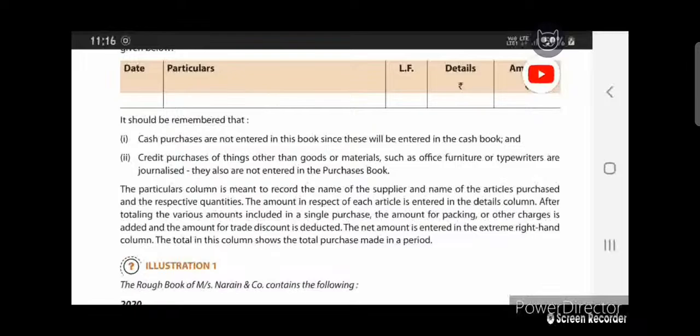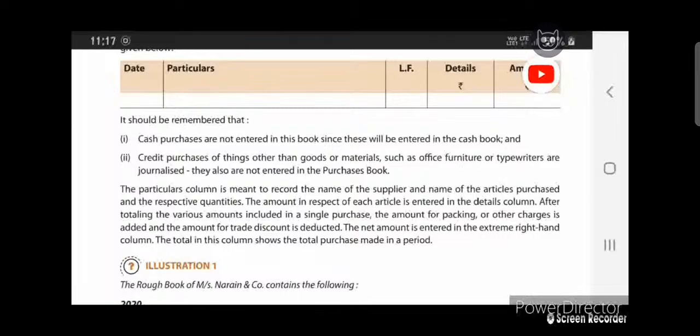Next, after totaling the various amounts including a single purchase, the amount for packing and other charges is added, and the amount for trade discount is deducted. So you calculate the product amounts one by one, this much product, this much amount.